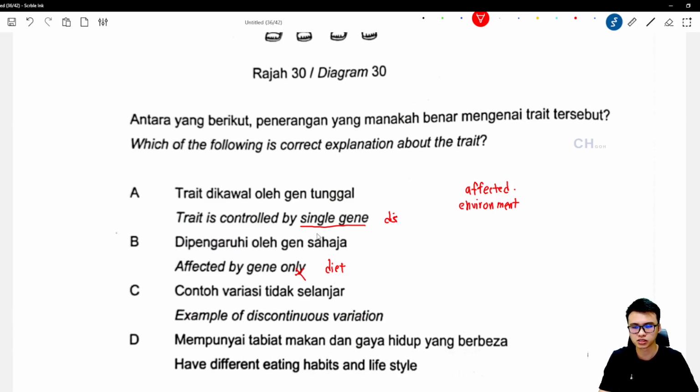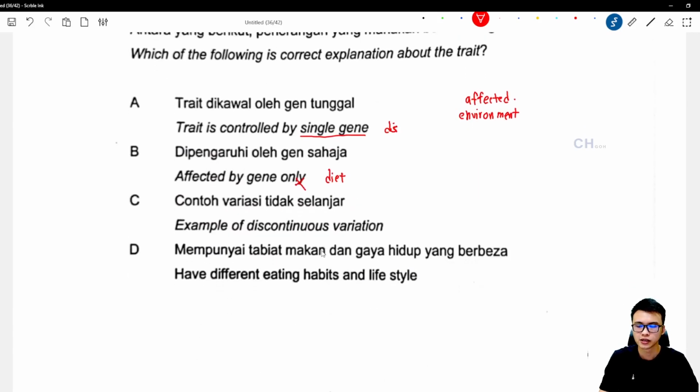The height is also affected by diet. Examples of continuous variations. No, we are talking about continuous variations here. D, have different eating habits and lifestyle. Yes, this is the environmental factor, so it is affecting the continuous variations. Okay, so question 40 is D.